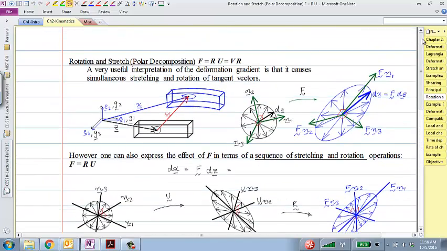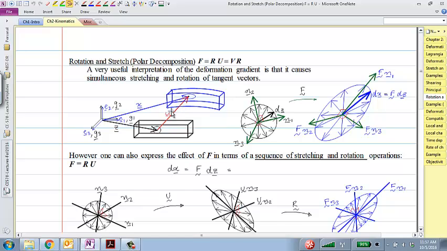All right. Now let's take a look at something that will help us interpret what the deformation gradient does to an undeformed set of tangent vectors in a very physical kind of a way.